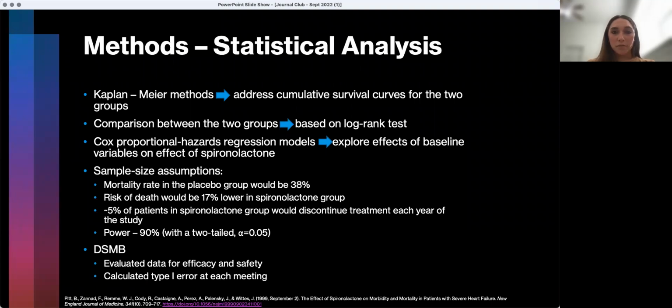It's also important to mention that the DSMB, the Data and Safety Monitoring Board, evaluated efficacy and safety at each of their meetings with the data available at that time point. At each meeting, they also calculated the type 1 error with respect to efficacy. So next slide.